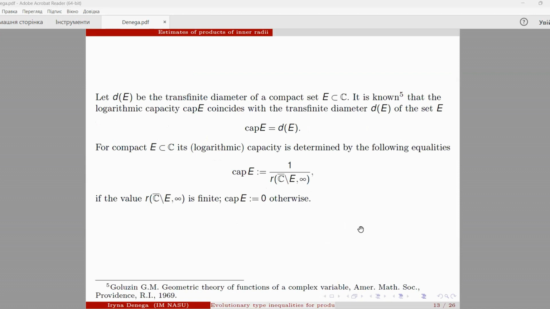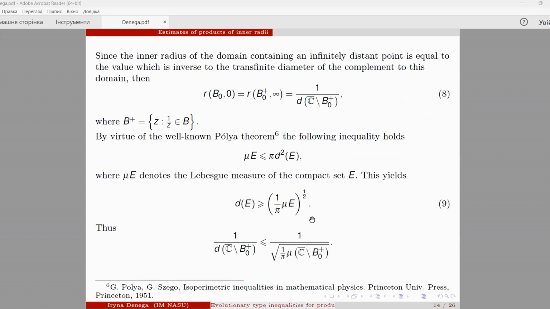Let d(E) be the transfinite diameter of a compact set E. It is known that the logarithmic capacity coincides with the transfinite diameter of the set E. For compact E, its logarithmic capacity is determined by the following equalities: capacity of E equals 1 divided by r(C bar minus E, infinity) if the value r(C bar minus E, infinity) is finite, and capacity of E equals 0 otherwise.